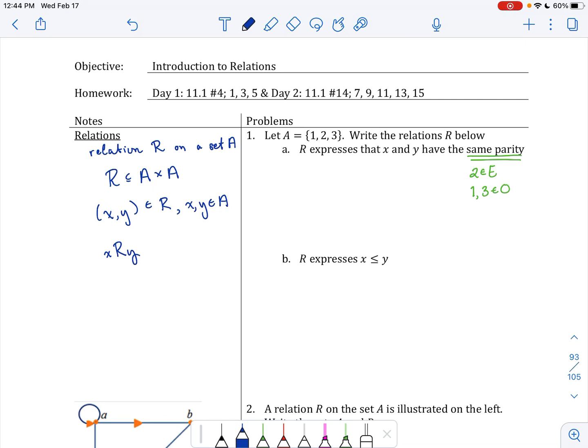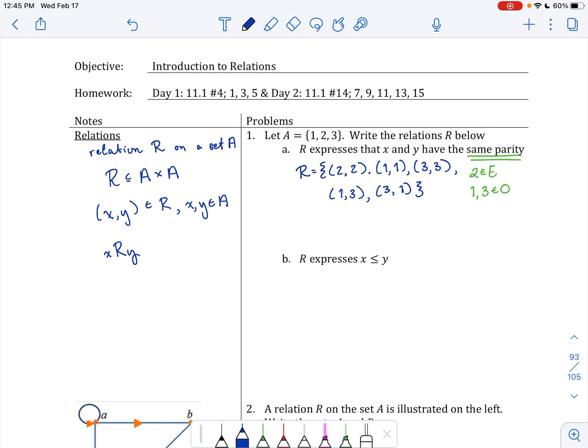So then the relation R here, remember, is the set of ordered pairs. So the even set is pretty straightforward, (2, 2), because you can absolutely have the same number, the same element, for the x and y position. So then we have (1, 1) and (3, 3). You'll also have the pairs (1, 3) since they have the same parity, and (3, 1), since order here is important and you want to include both.